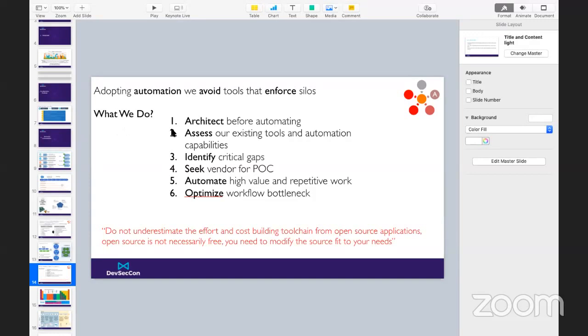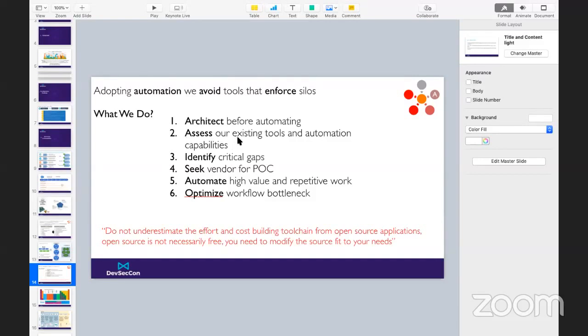So what we do for the automation: first, we architect before automating, and we assess all the existing tools and automation capabilities. Because we need to know all that we have before we buy a new one. This is important.